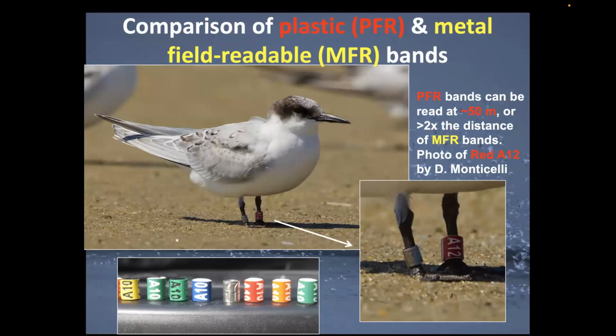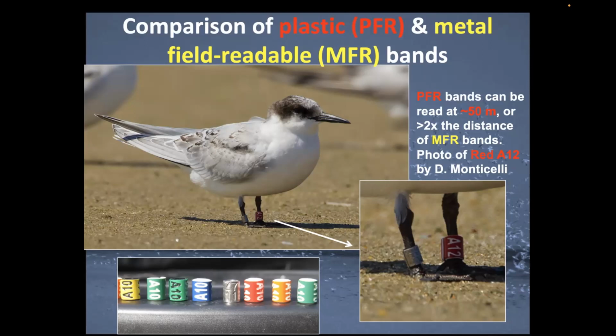So in 2011, we started switching over to using plastic field readable bands. And they're taller than the standard service band, as you can see in the lower right part of that picture. But they have a 3-character complex on it, which is much more readable than the 4-character complex on the metal bands that we had been using. If you look at that little panel down in the lower left-hand part of the screen, I don't know if any of you can read it, but that's Z711. I know what it is, but I'm not sure I could read it right now.